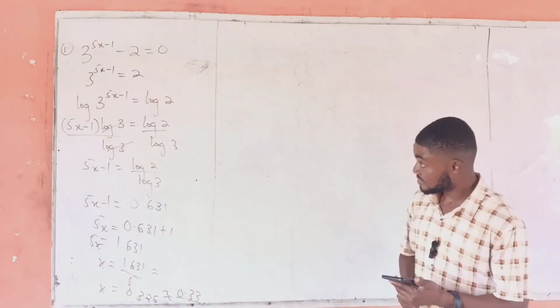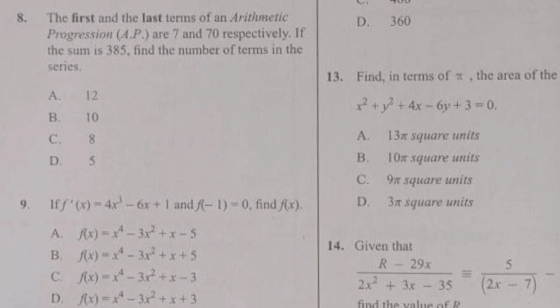The next question, which is question 8, says that the first and last terms of an AP are 7 and 70 respectively. If the sum is 385, find the number of terms in the series. And then from AP, we know Un is equal to a plus (n minus 1)d.